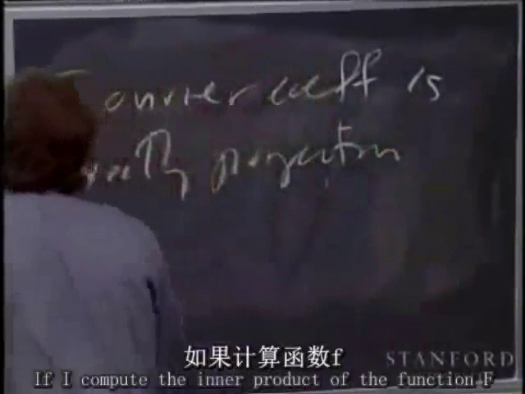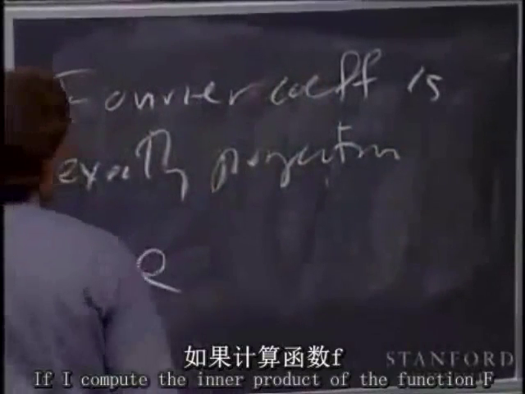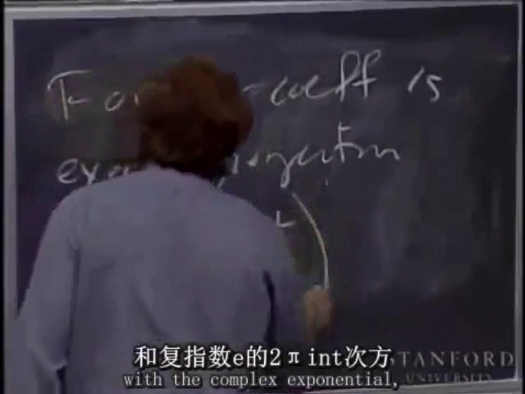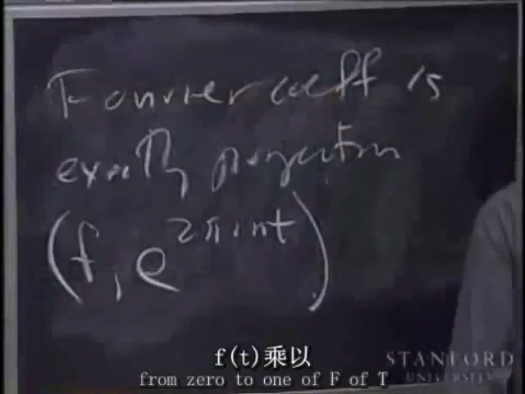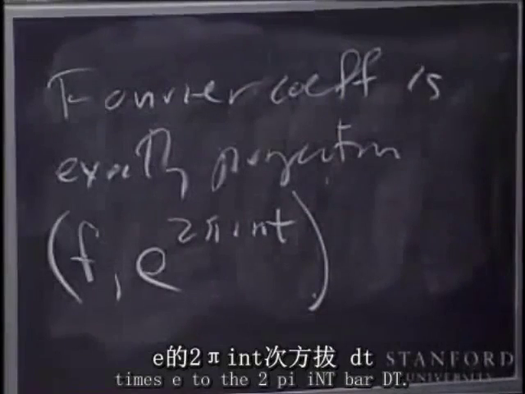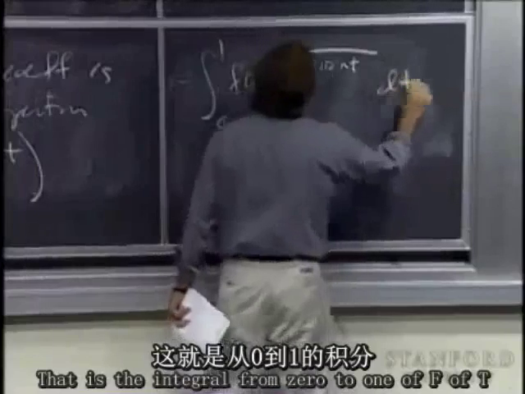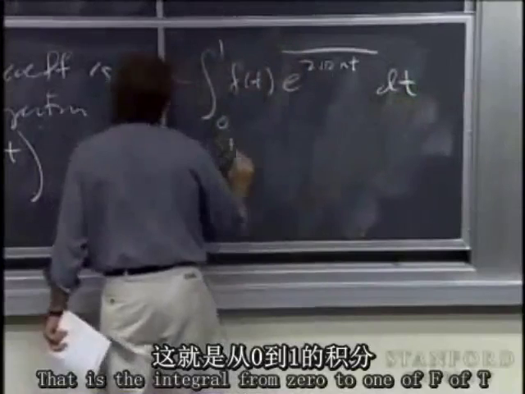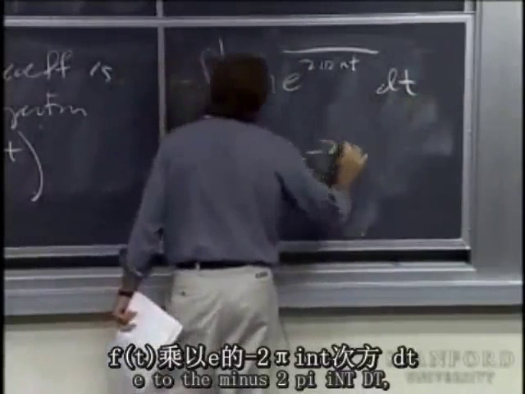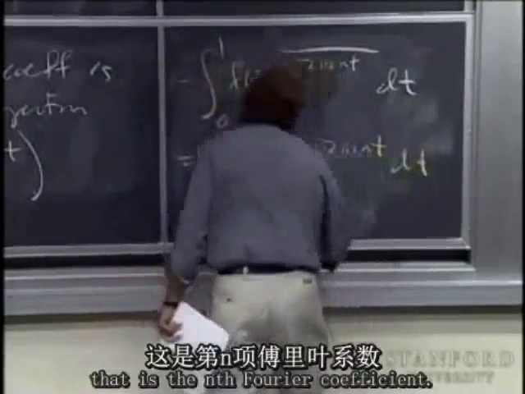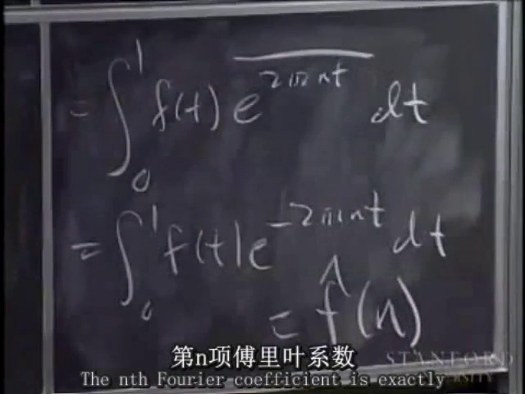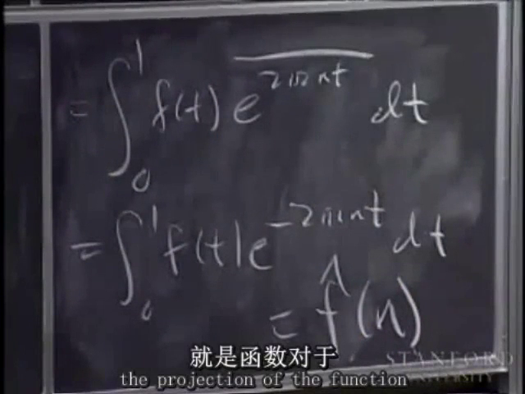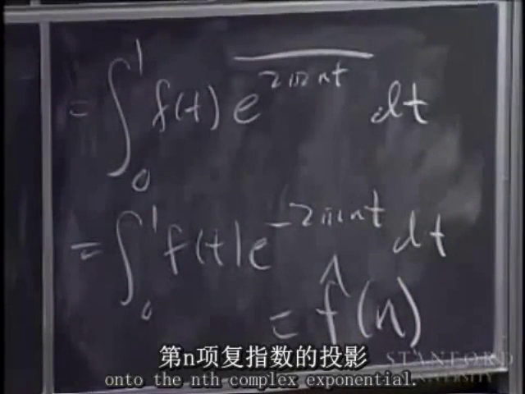If I compute the inner product of the function f with the complex exponential e to the 2 pi i n t, then that's exactly the integral from 0 to 1 of f of t times the conjugate of e to the 2 pi i n t dt. That is the integral from 0 to 1 of f of t e to the minus 2 pi i n t dt. That is the nth Fourier coefficient. The nth Fourier coefficient is exactly the projection of the function onto the nth complex exponential.